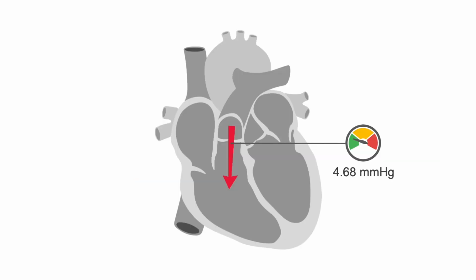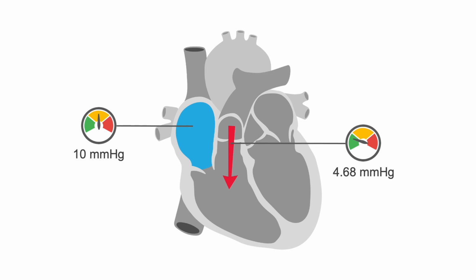The pulmonary regurgitation jet has a pressure of 4.68 millimeters of mercury, with an estimated right atrial pressure of 10 millimeters of mercury.